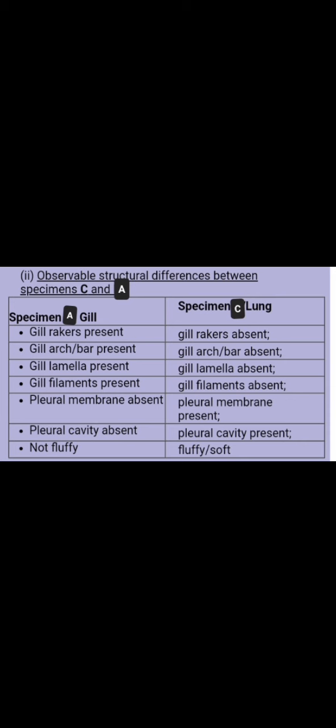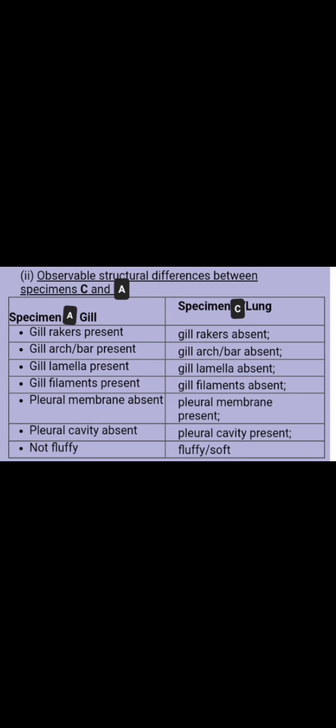We also have gill filaments that are present in gills and not present in lung. And we have pleural membrane, not in gill, but present in lung. We also have pleural cavity, not in gill, but in lungs. And then we have that gill is not fluffy, but lung is fluffy or soft. So those are the observable structural differences between gill and lung.